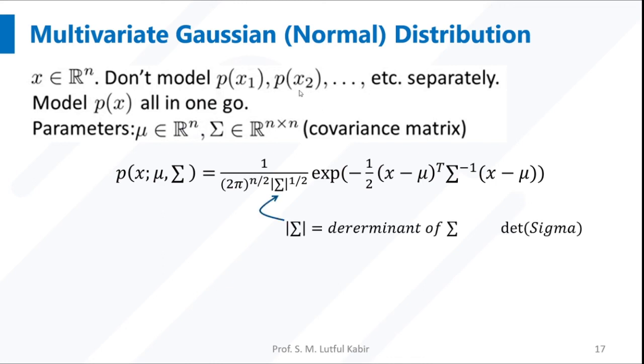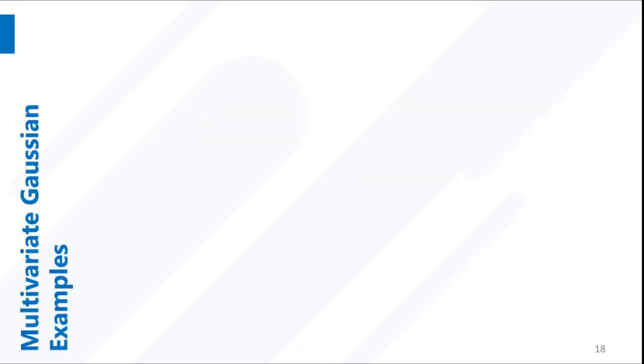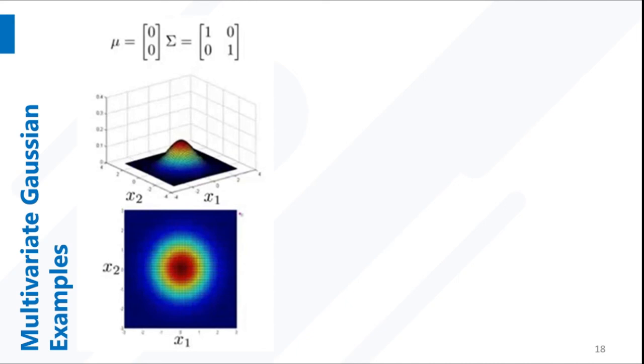So this is your sigma, and that is the determinant of sigma. This symbol means determinant of sigma, not absolute value, and this can be calculated by the Octave function called det. Det stands for determinant.